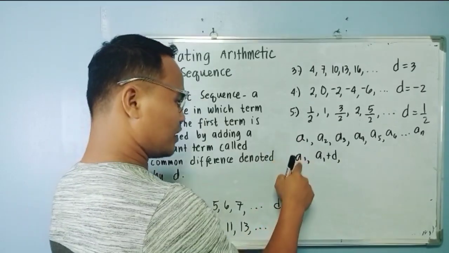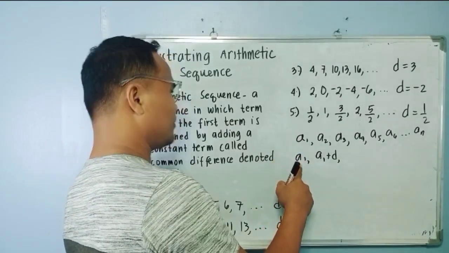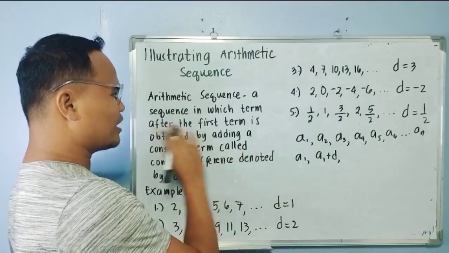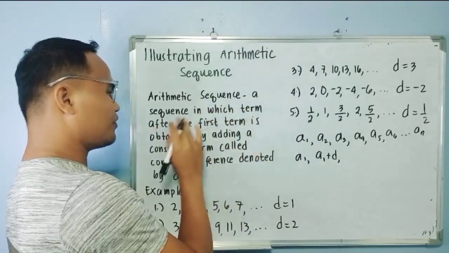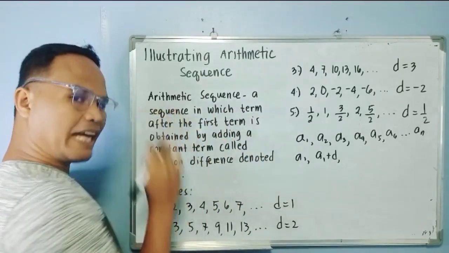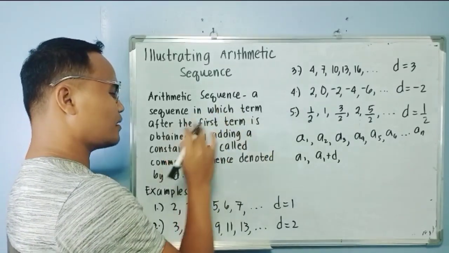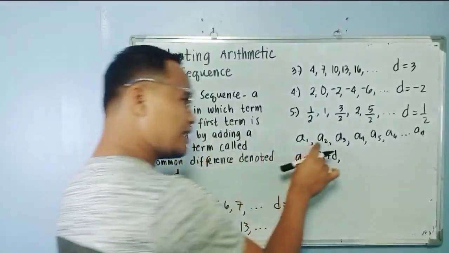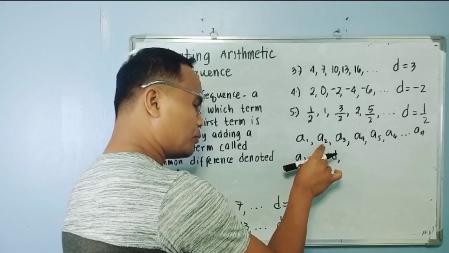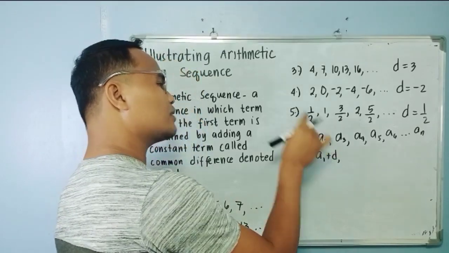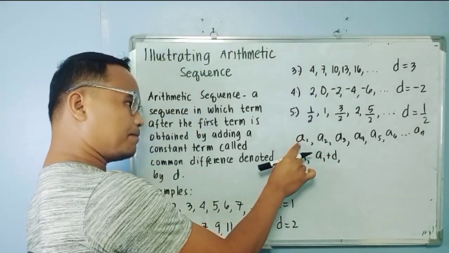Based on our definition, a term after the first term is obtained by adding the common difference. So we can get the second term by adding the common difference to the first term.